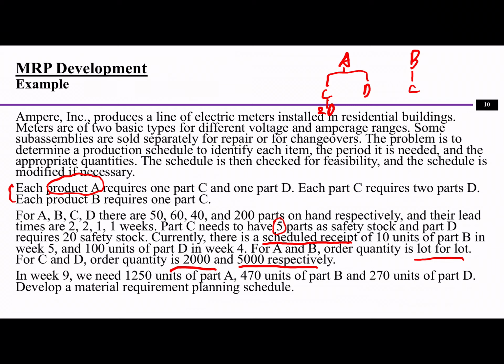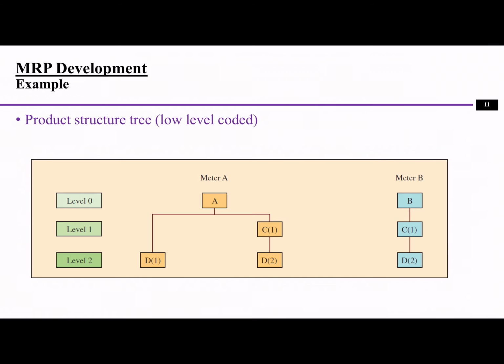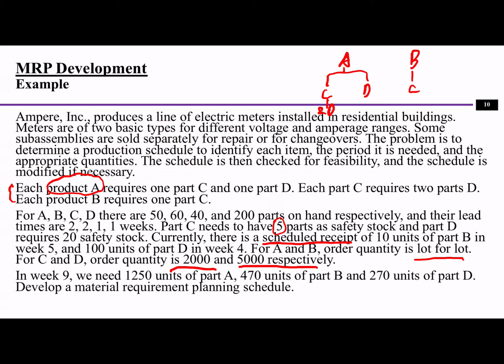Now let's look at the next step. The first thing we need to do is construct a product tree. I already constructed the product tree, but usually when composing one, we want to make sure it's low-level coded. A low-level coded tree means all the same parts should be at the same level, like C at the same level. D is different.